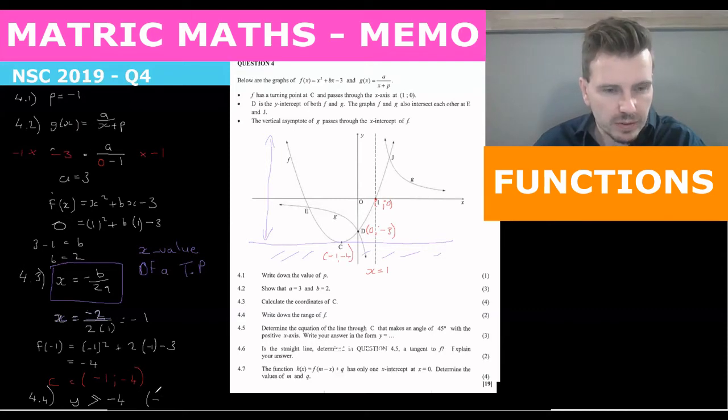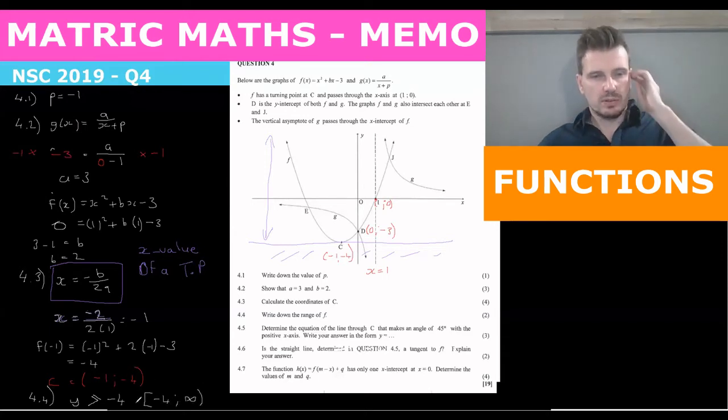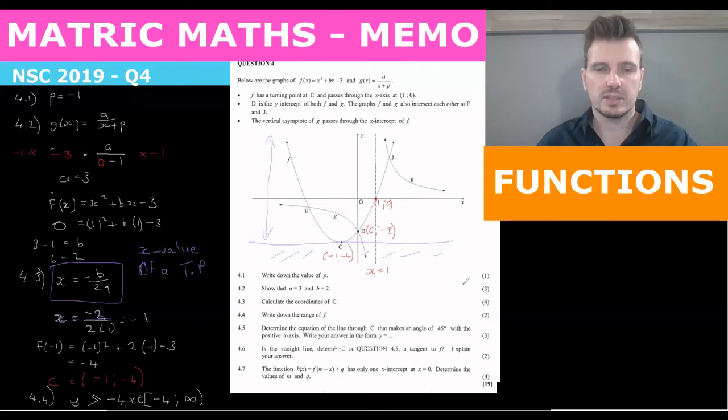It includes -4, and it goes all the way up to infinity. So those are two ways of writing it, and you'll get the marks for both ways of writing it. So it depends on how your teacher showed you or what you feel is most comfortable.